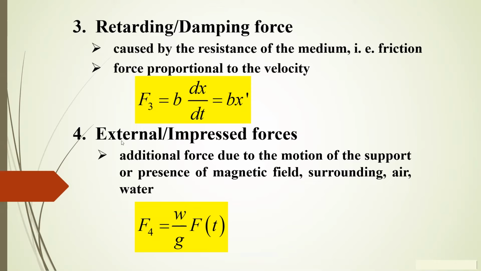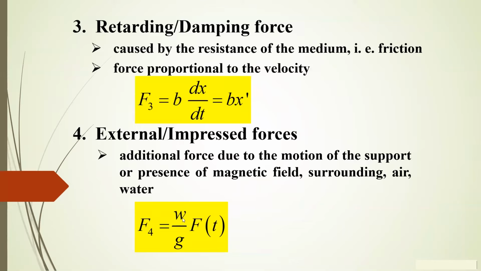And then lastly, the external or the impressed forces. So they are additional forces due to the motion of the support or presence of magnetic field, surrounding air, water. So for example, if it is submerged underwater, because of that, there is an impressed or an external force acting on it. And then how do we solve for that?